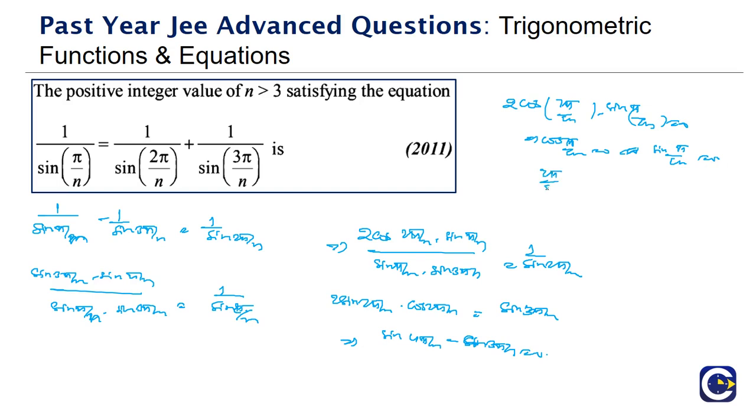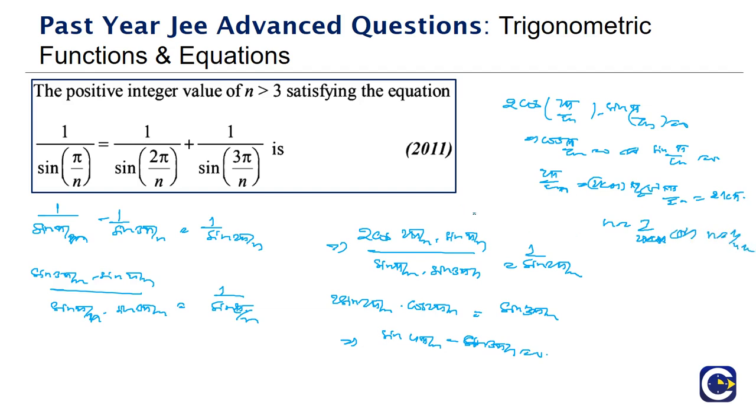So 7 pi by 2n is equal to 2k plus 1 into pi by 2. We are writing k because we have already n as a variable and we should not confuse with that. Or pi by 2n must be equal to 2k pi. So if we observe this, n value must be equal to 7 by 2k plus 1 or n is equal to 1 by 4k.